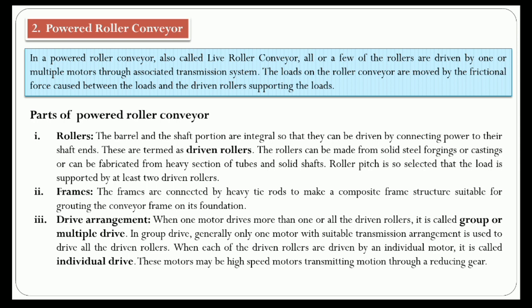Alternatively, specially designed slow speed hollow rotor shaft motors are also used, directly coupled to the roller shaft, with the ability for better electrical control. Individually driven roller conveyors are also getting more popular, particularly for reversing duty.